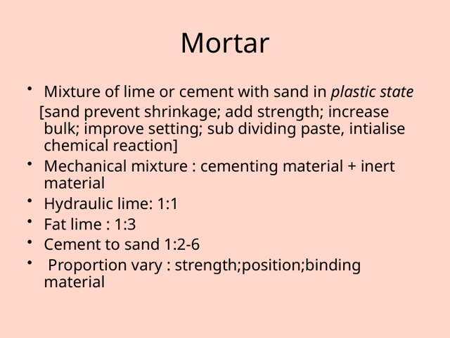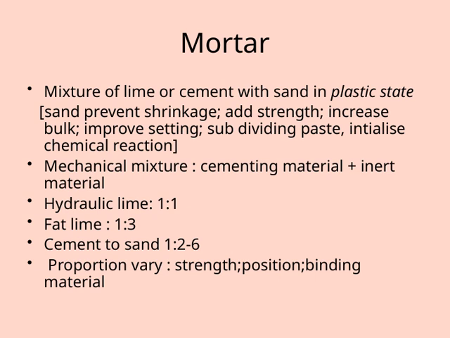bonding, or specific workability. For hydraulic lime, the typical mix ratio is about 1:1 with sand, which means equal parts. Fat lime, on the other hand, is usually mixed at around 1:3, so more lime relative to sand. When working with cement and sand, common ratios range from 1:2 up to 1:6, depending on the desired strength and workability.